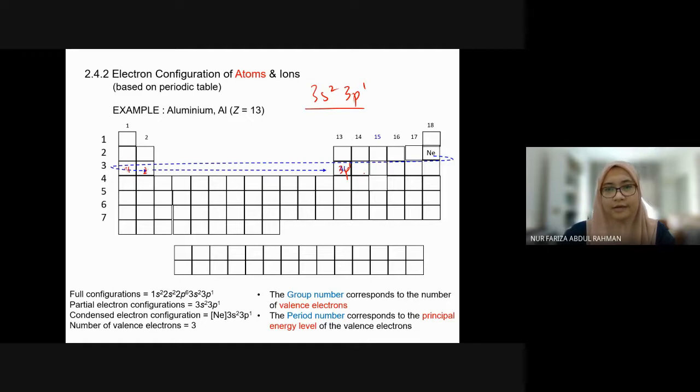So the periodic table actually shows how the electrons are being filled in the orbitals. It is like Aufbau. We start with n is equal to 1, that means 1s. We have only the s orbital here, so 1s1, this is 1s2.